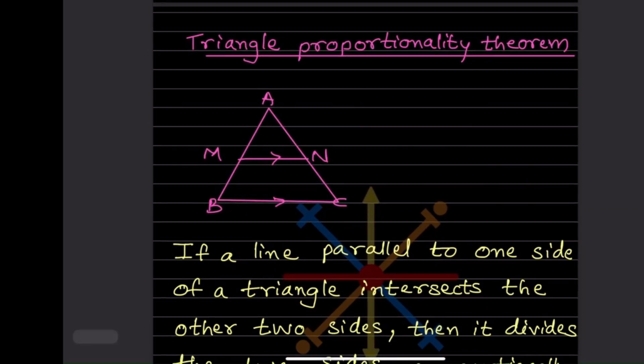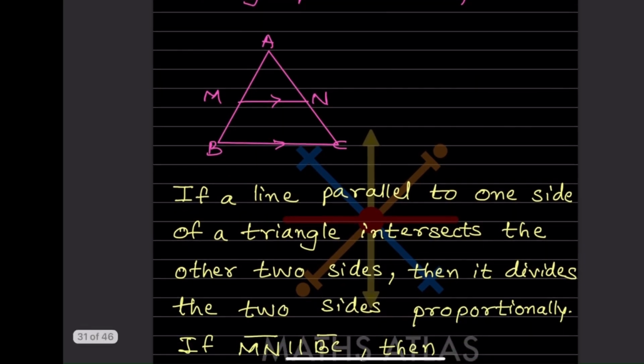Now we have to see the triangle proportionality theorem. Whenever we draw a line like this, these are parallel lines. If a line parallel to one side of a triangle intersects the other two sides, then it divides the two sides proportionally.